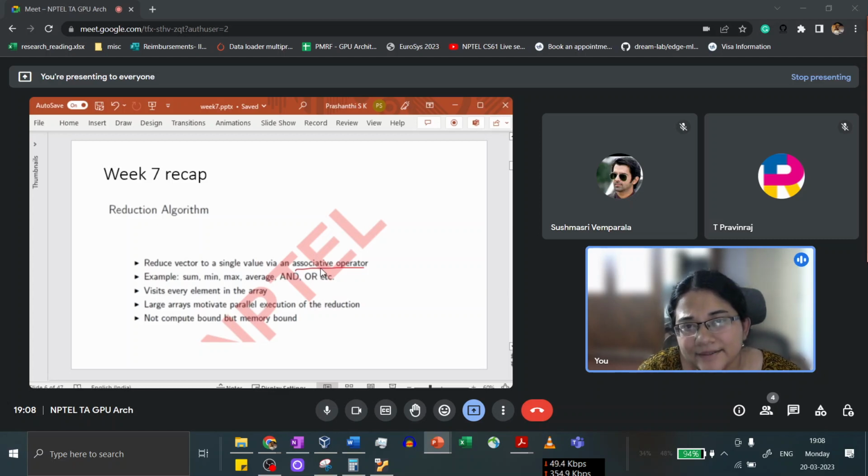In case the associativity property does not hold, think about what would happen to the reduction. After this session, maybe think about one example where the operator is not associative and try to write a simple handwritten example of how the reduction would go on. That's just for your own curiosity.